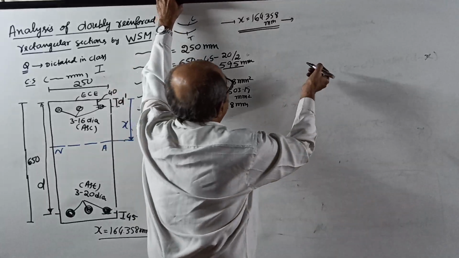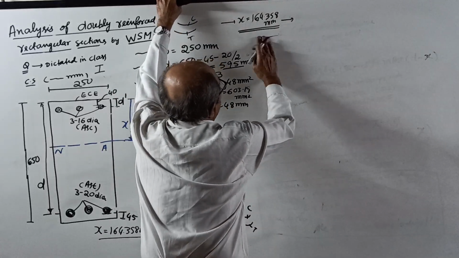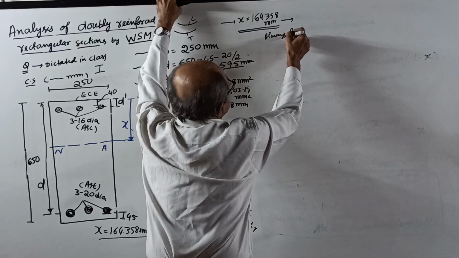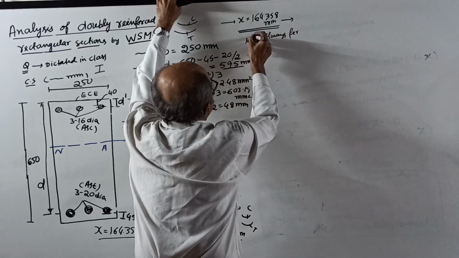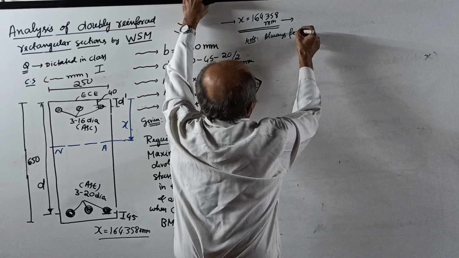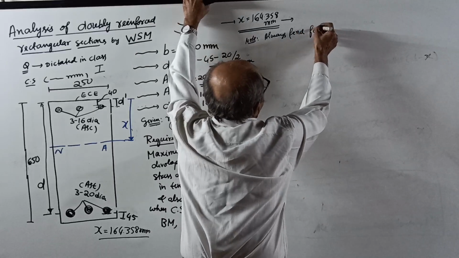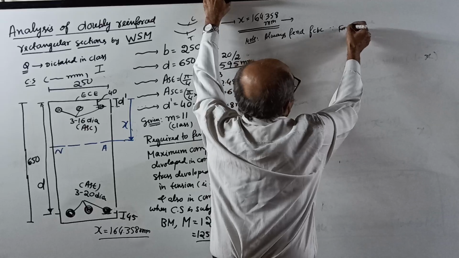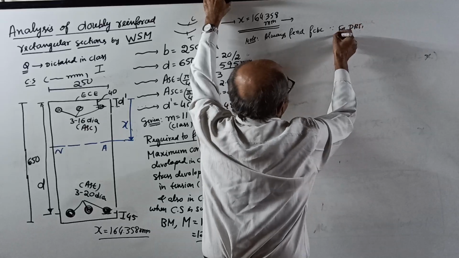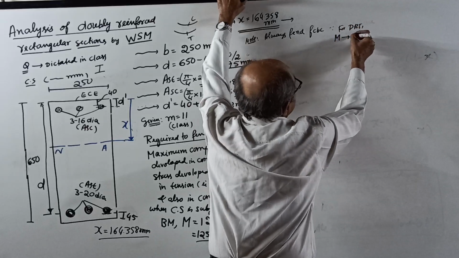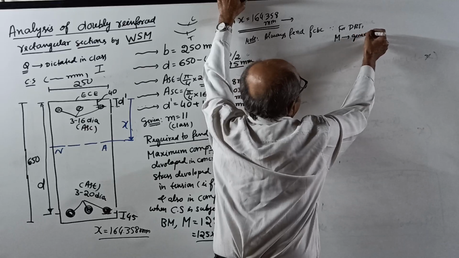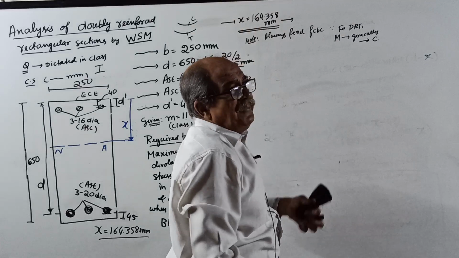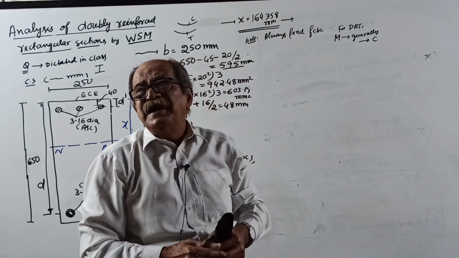Now write. First, always first find fcbc, because for a doubly reinforced section, the M expression is generally written in terms of compression. Some people will tell you cannot write in tension.